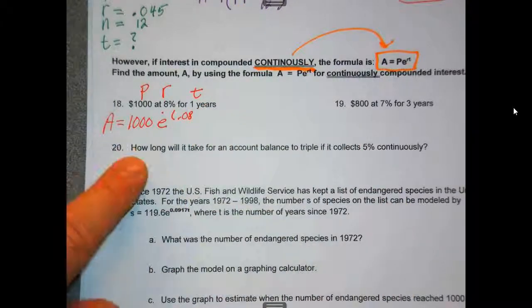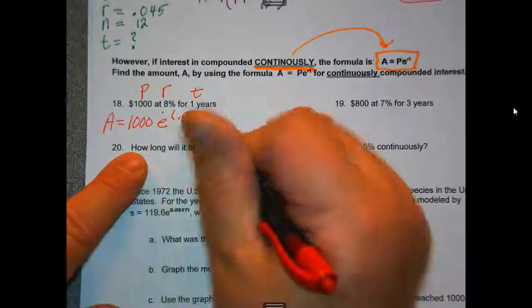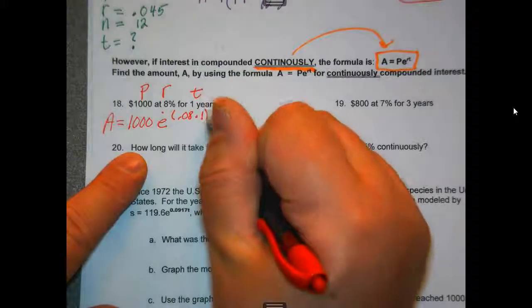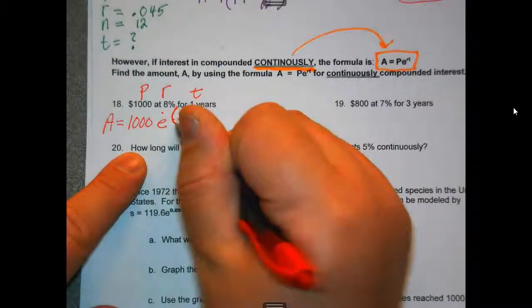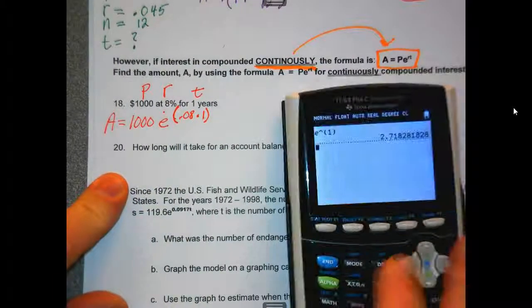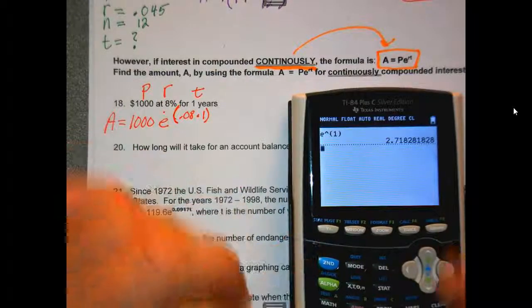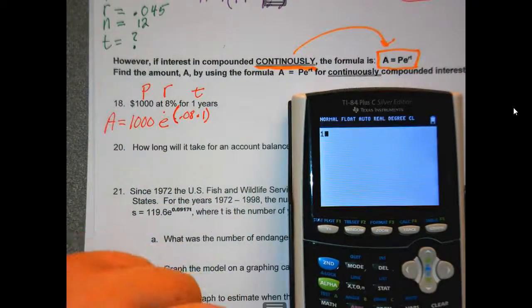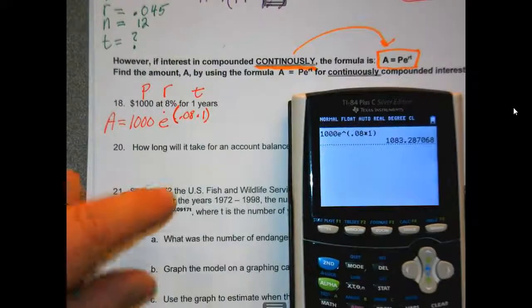I know that number well. Times T, which is 1. Plug that in your calculators. Figure it out. Okay, so times E raised to the 0.08 times 1. Enter, and I get 1083.29.